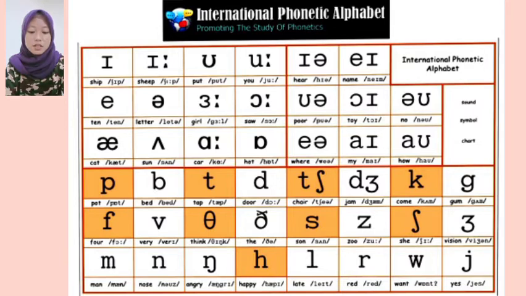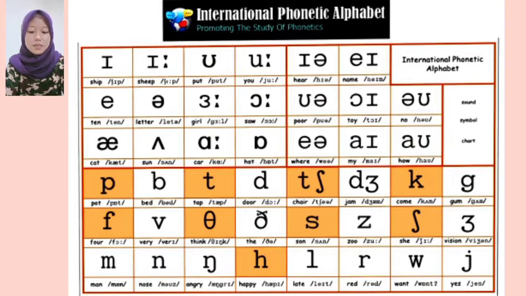The fourth sound is oo. The example is you. And then there is a. The example is ten. Then there is a. The example is letter.